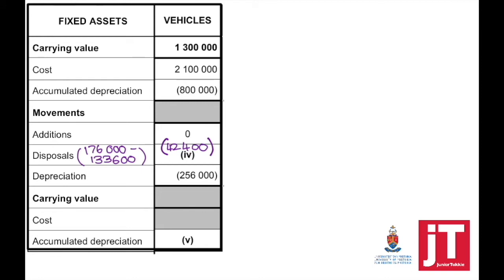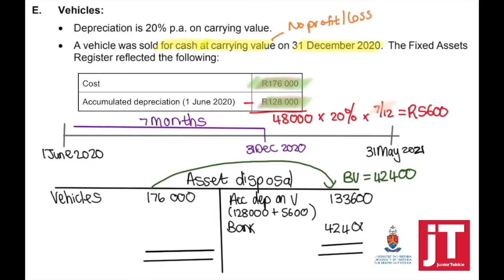So please remember, disposals is always what I said earlier, at carrying value in my tangible asset note. So this is why you should always write in brackets the cost minus the accumulated depreciation. Where did we get these totals from? From the asset disposal account, when we took the cost minus the accumulated.